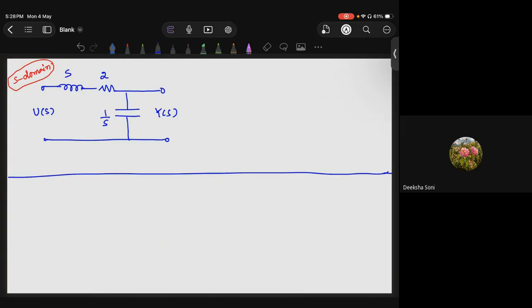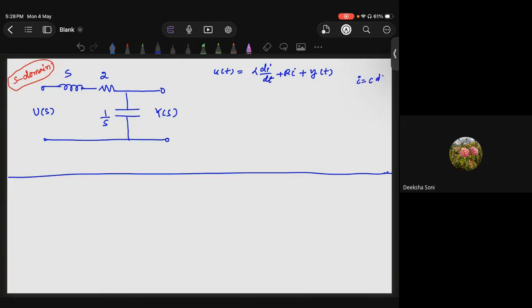Correct. Then I put i is equal to C dy by dt.